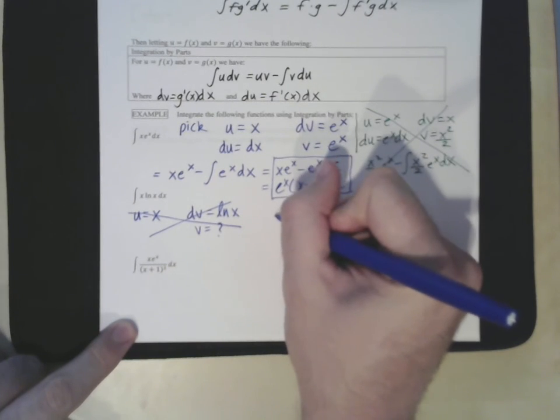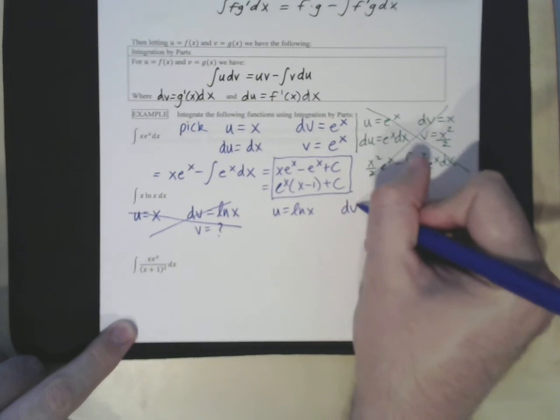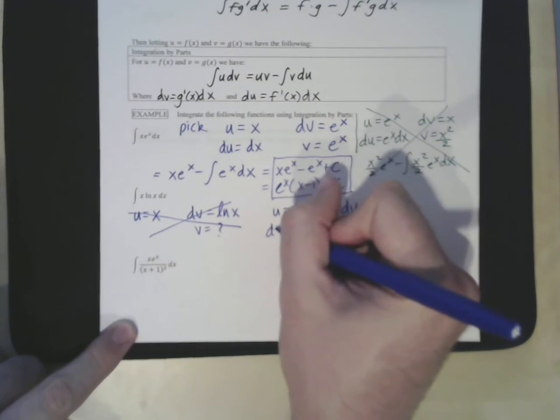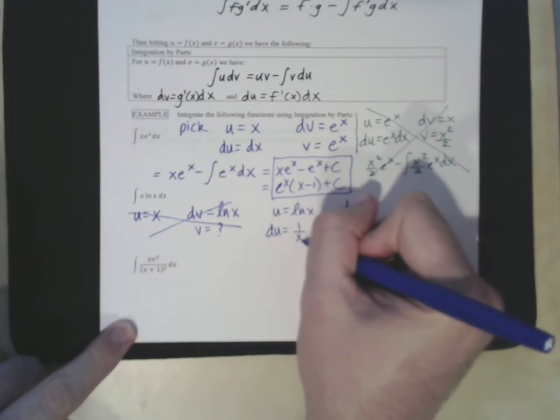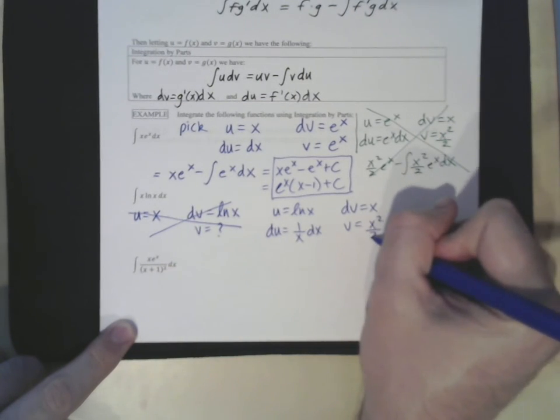So now we're going to say u is ln of x and dv is x. That makes du equal to 1 over x dx, and that makes v equal to x squared over 2.